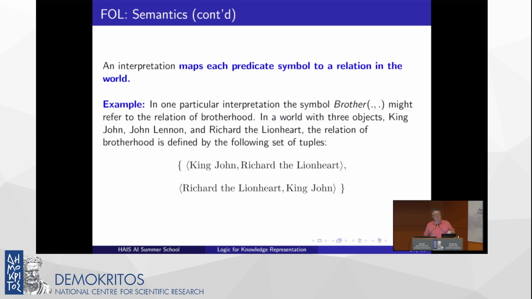Now, a predicate symbol refers to a relationship in the world. So when I write brother, then I might refer to the notion of brotherhood. So again, in the world of kings of England, King John is the brother of Richard the Lionheart, and vice versa, of course, because brother is a symmetric relation.